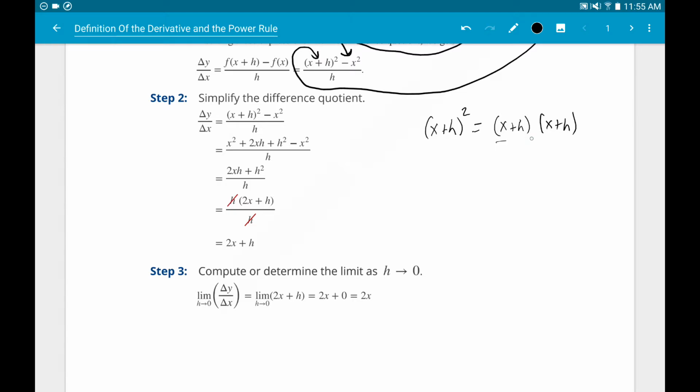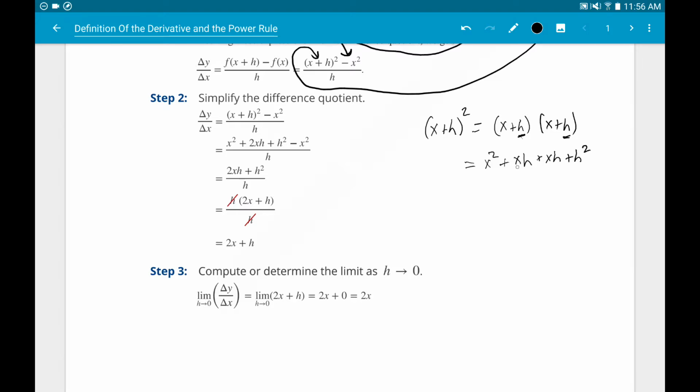Okay, so you'd have x times x is x squared. You'd have x times h is xh. Then you'd take h times x, which is another xh. And then lastly, you'd take h times h, which is h squared.